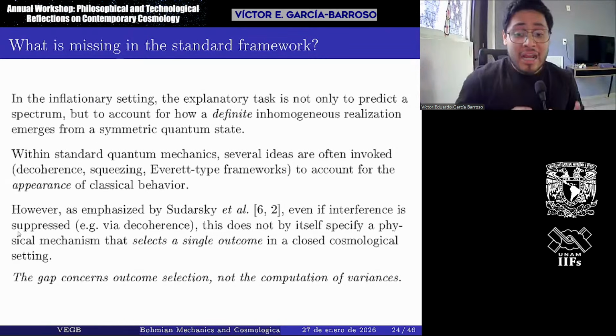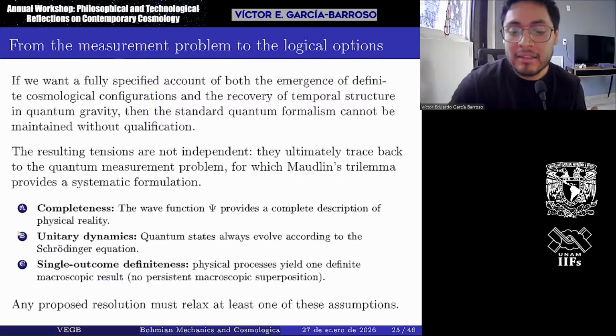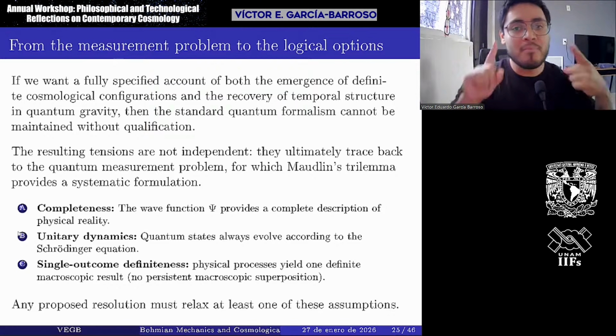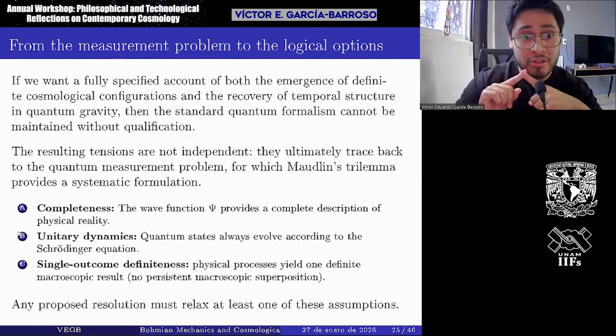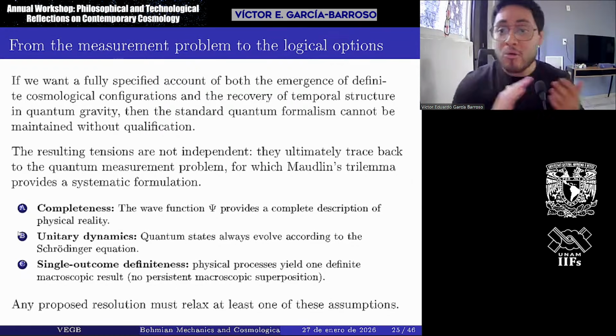It doesn't turn a probability cloud into specific reality. Now, if we want a fully specified account of the emergence of cosmic structure and to recover this temporal structure in quantum gravity, then the standard formulation of quantum mechanics cannot be maintained.